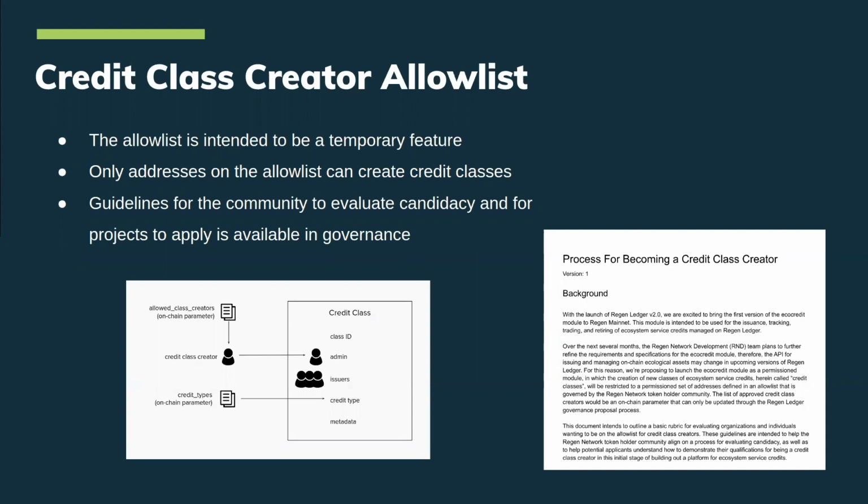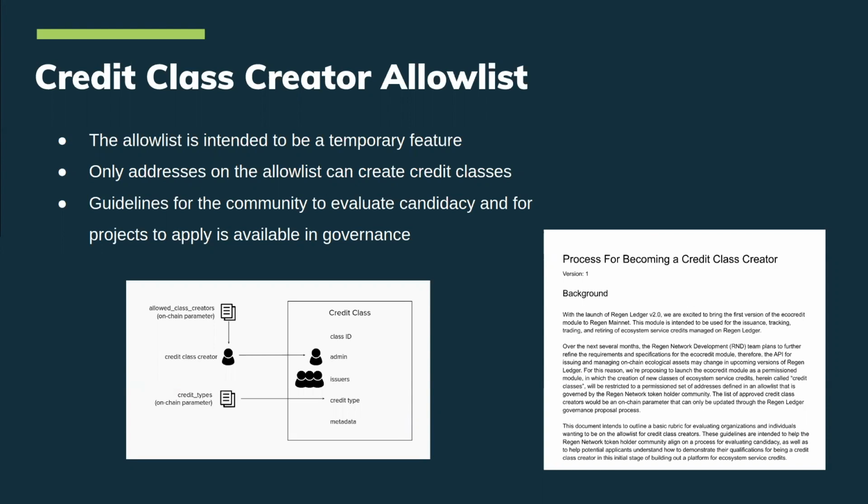The idea here is that we're aware that there might be some changes to the ecocredit module in terms of how the data is structured, that we want to make sure that anyone who's creating credit classes and issuing credits is willing to work with the Regen Network Development team and the community on the migration process once there is an update in terms of how the credit classes need to be represented, like if new data needs to be added and filled in.